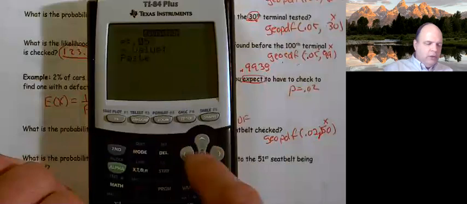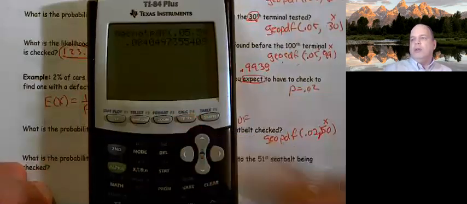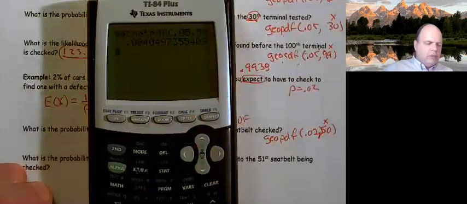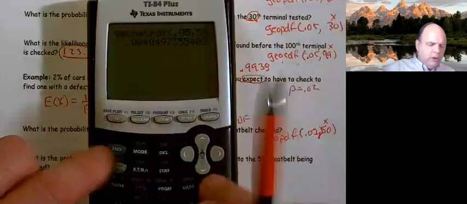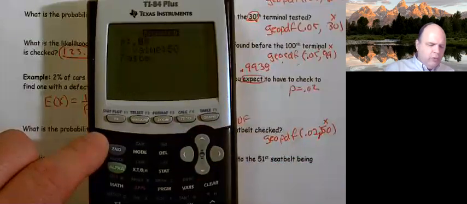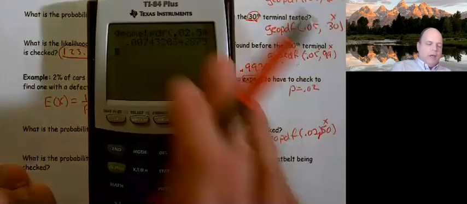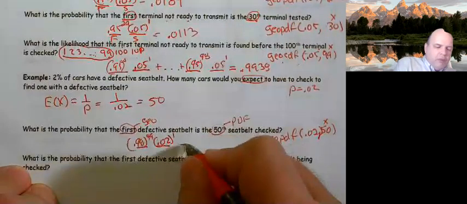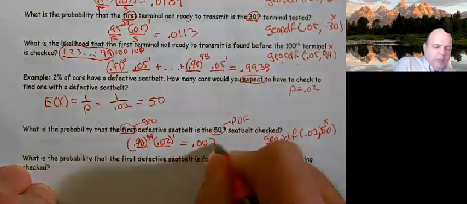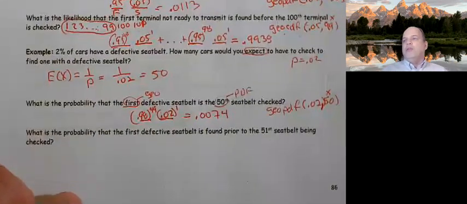Second vars, geometric PDF, 0.02, X is 50, and we get 0.0074, all right? So fairly small percentage, and by the way, as you notice, we're getting close to 0, which is why we need these 4 decimal places, all right? So make sure you're keeping 4 decimal places.